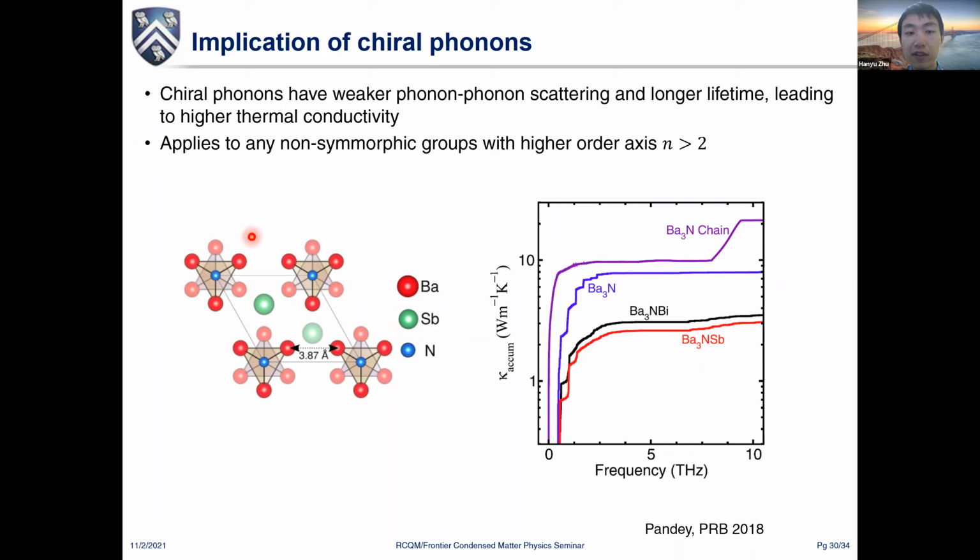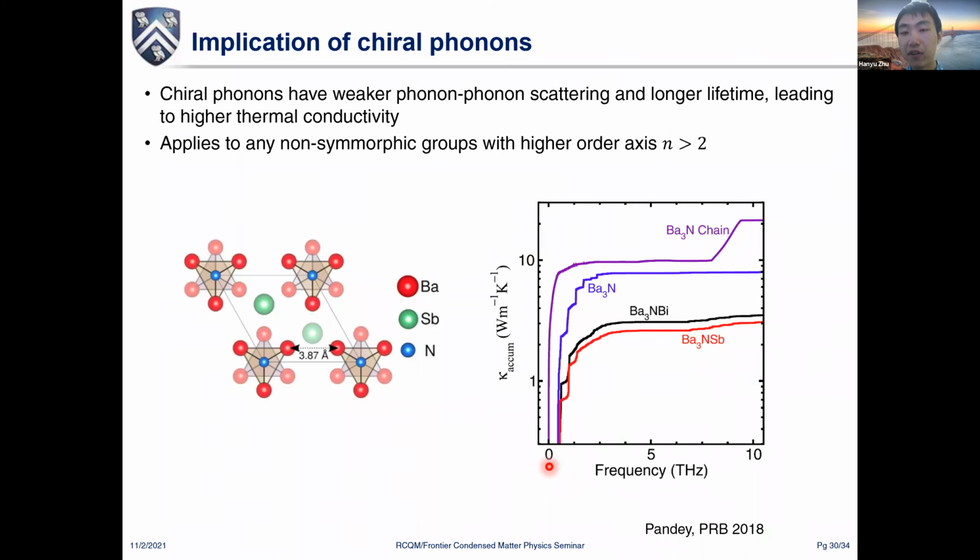And if this chain is by itself, then it's perfectly chiral. From first principle calculations, they showed that the chain itself, if it's a single chain, exhibits the highest thermal conductivity. And especially notably, the main thermal conductivity is contributed by those phonons with the best chirality.